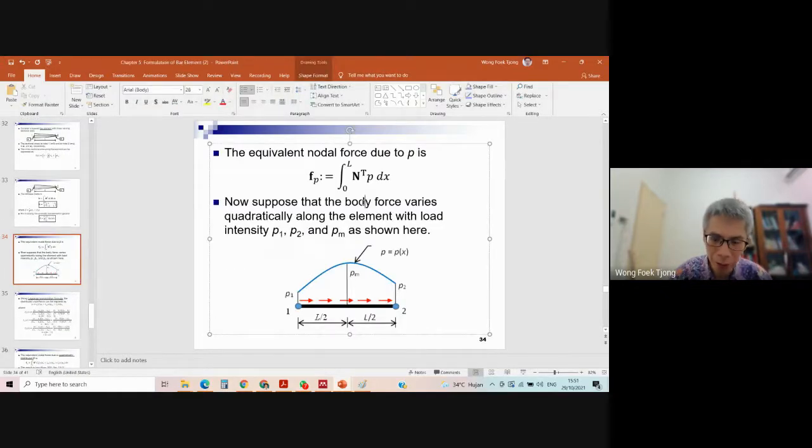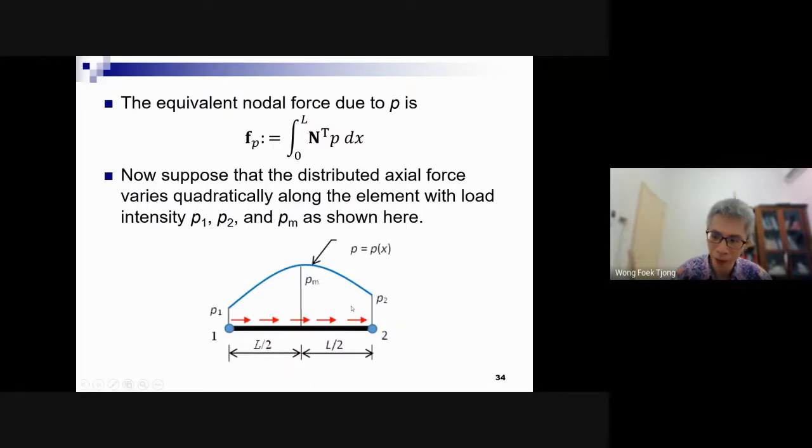Now suppose that this distributed axial force varies quadratically like this, with the values given here: P1 at node 1, P2 at node 2, and PM at the middle node. Because this is a quadratic distribution, we should have 3 data, right? So this is the data when we know P1, P2, and PM.